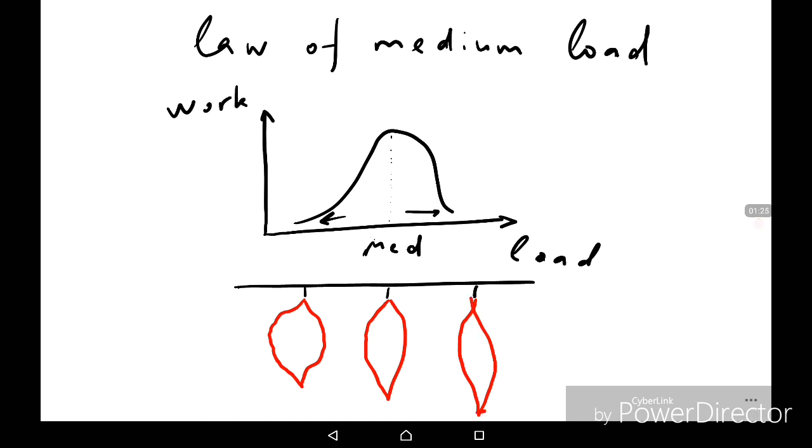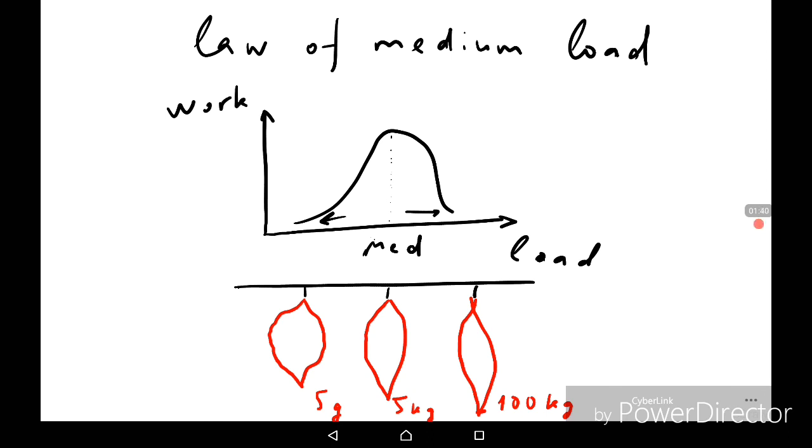So here we attach to the muscle 100 kilograms, here 5 kilograms, and here 5 grams.